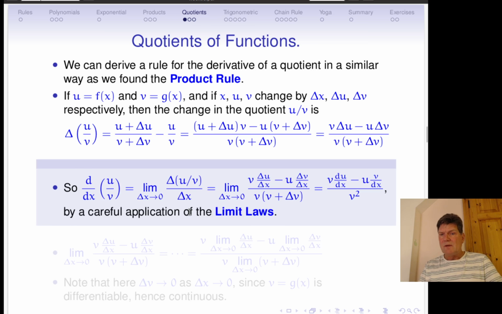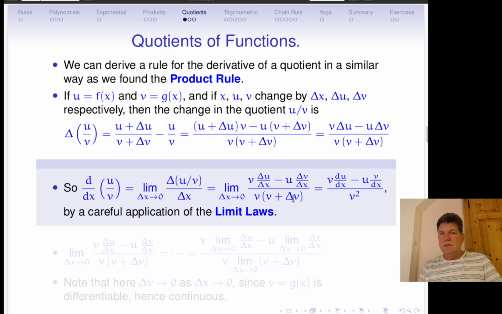And then a careful application of the limit laws, where the limit of a quotient is the quotient of the limits, the limit of a difference is the difference of the limits, and so on, taking out constants here, we find that this limit is the limit as delta x goes to 0 of this expression involving delta u over delta x and delta v over delta x, which in the limit are the derivatives of u and v with respect to x, just the same as they were in the case of the product rule.